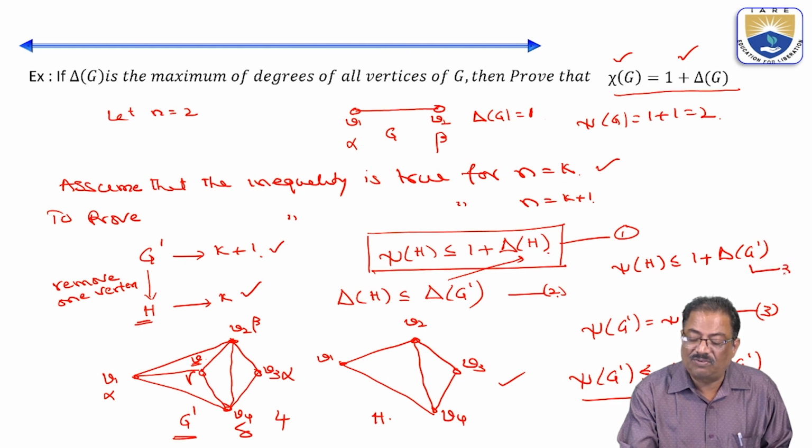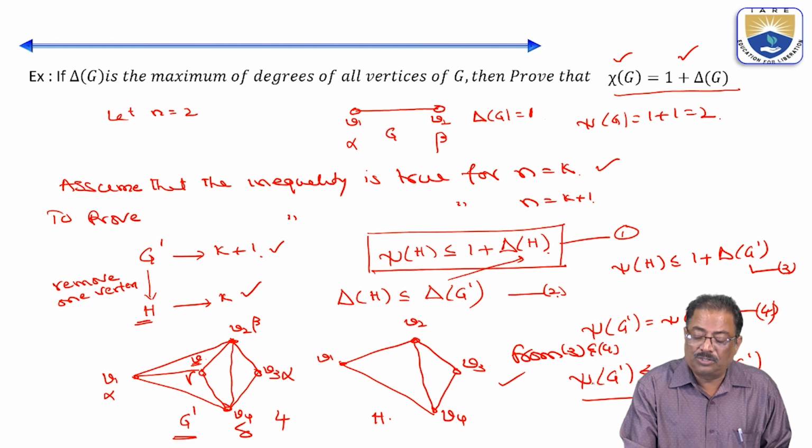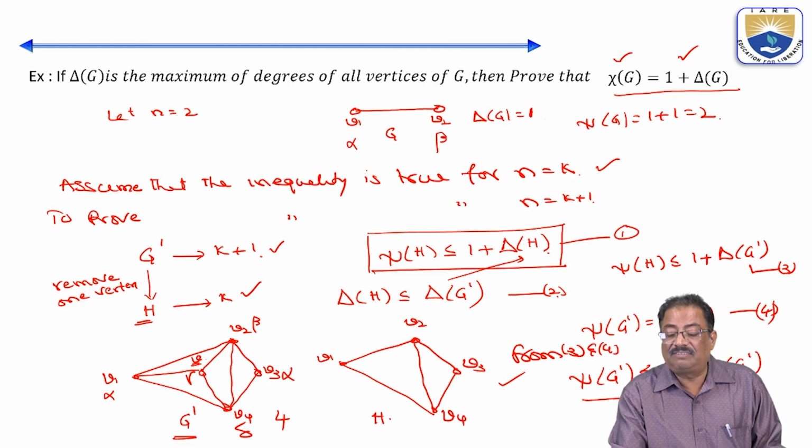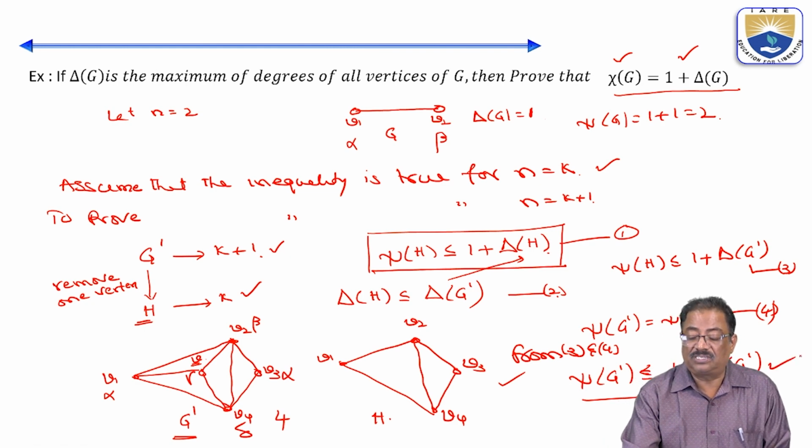Let us say this is equation 3, and consider the earlier one as equation 4. Then from equations 3 and 4, I write chi of G dash is less than or equal to 1 plus delta of G dash.